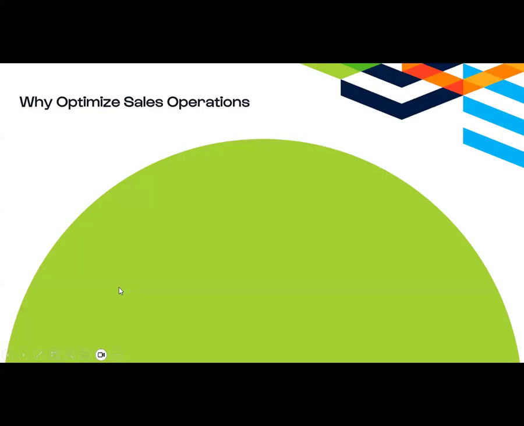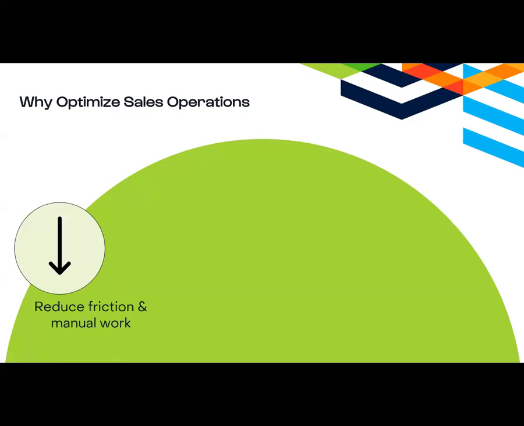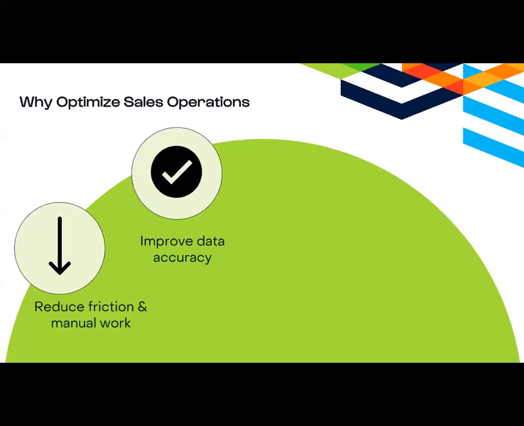So why optimize your sales operation, and what does that mean? First of all, one of the biggies is we want to reduce friction and manual work, so that anything that takes a little more time than usual is faster. I'm going to talk a little about how we do that with automation. We also want to improve data accuracy.